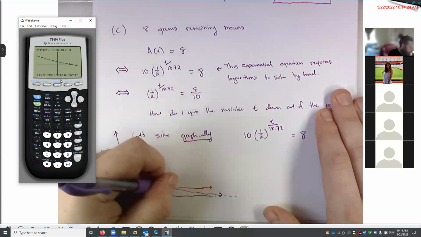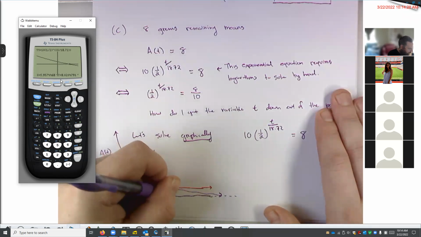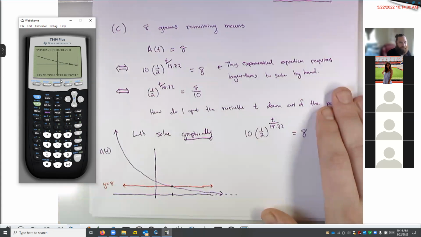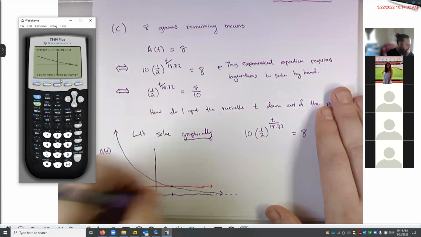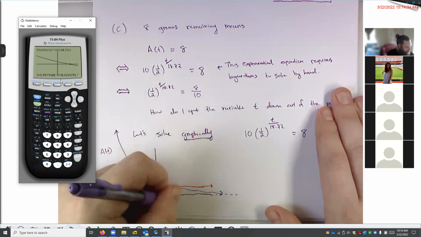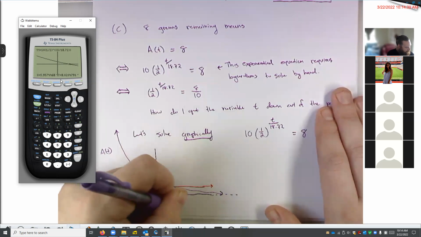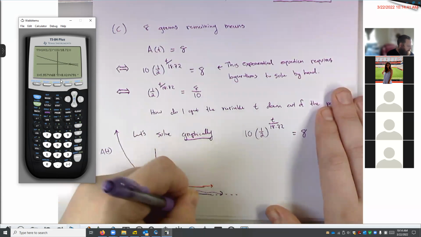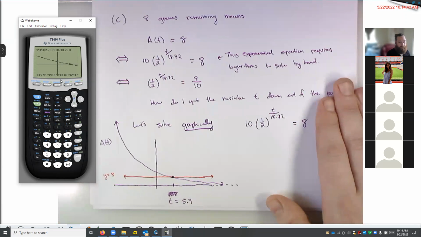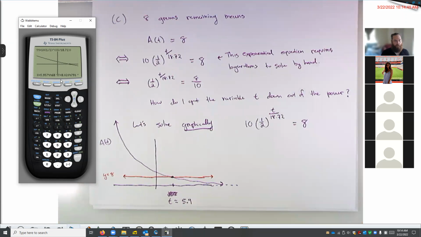And this intersection point appears to be happening when x is like 5.9. Or sorry, t. T is about equal to 5.9. And we can check with our table, see if we can get any better, but I would be okay with this.